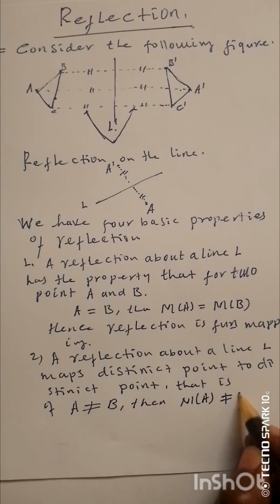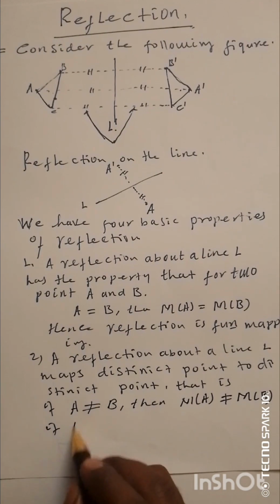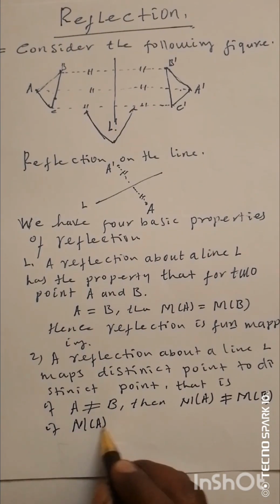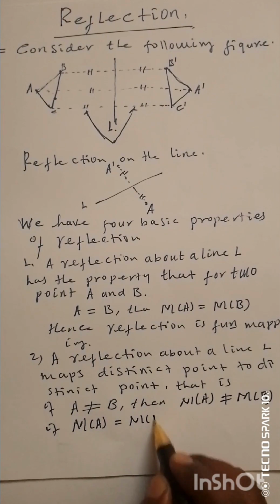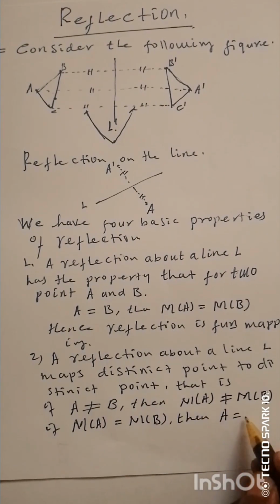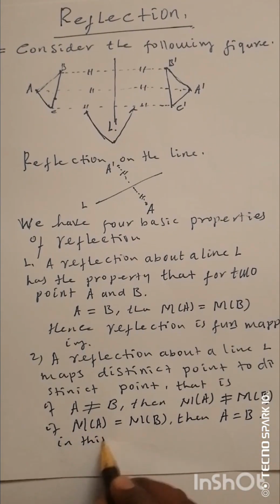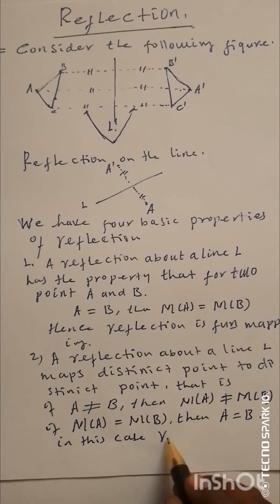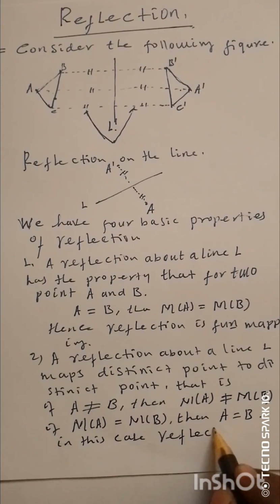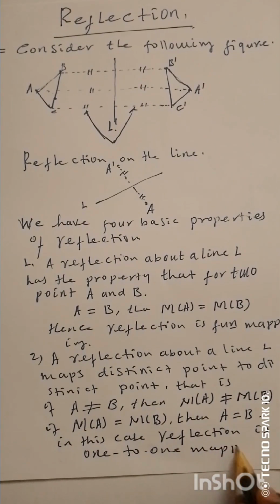That is, the image of A is different from the image of B. If the image of A is equal to the image of B, then A is equal to B. This second property shows that reflection is a one-to-one mapping, as well as a function mapping.